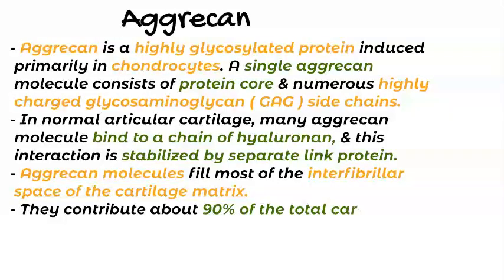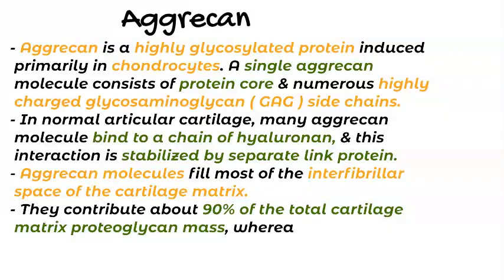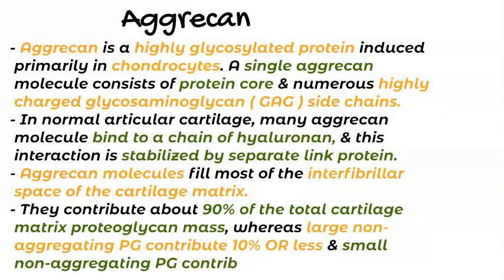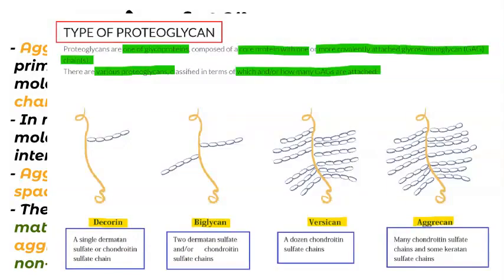They contribute about 90% of the whole cartilage matrix proteoglycan mass, whereas large non-aggregating proteoglycans contribute 10% or less, and small non-aggregating proteoglycans contribute about 3%. This figure shows the types of proteoglycan.